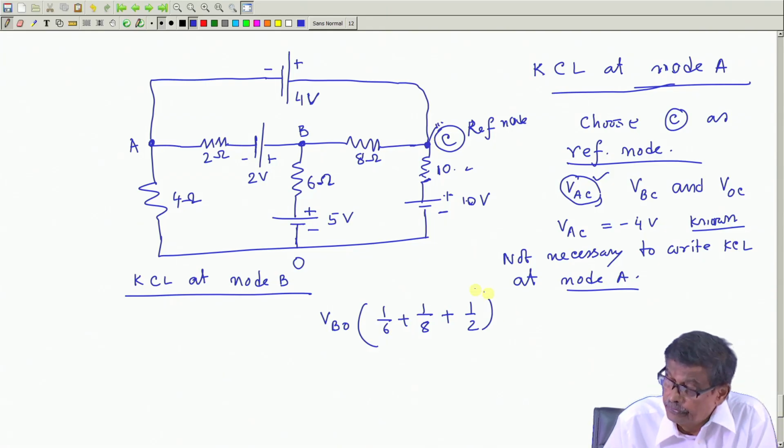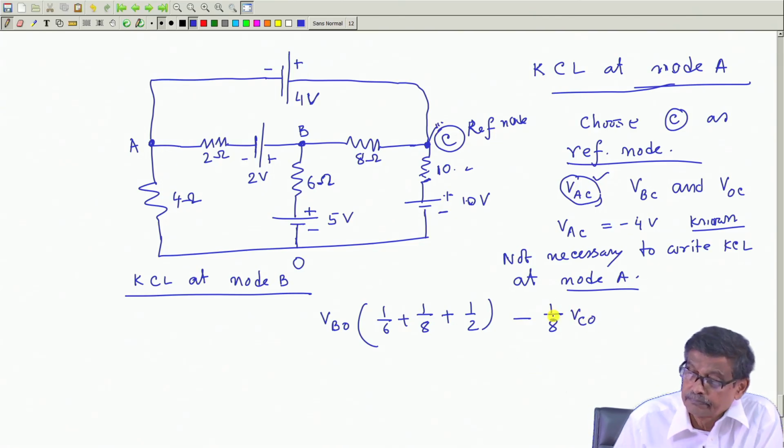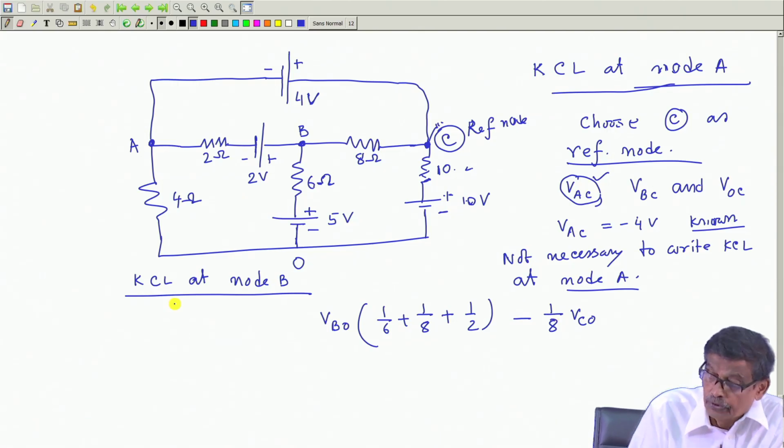The coefficient of VC0 will be the common resistance, minus 1 by 8 into VC0, and the coefficient of VA0 will be minus half.